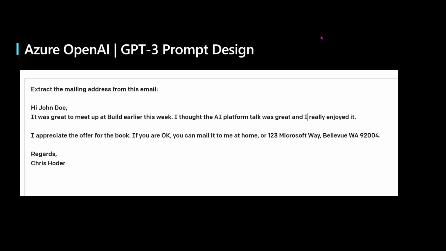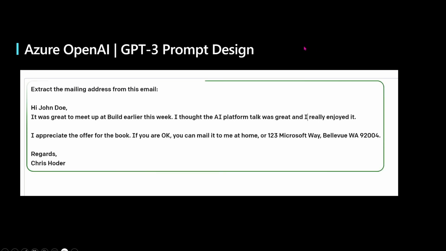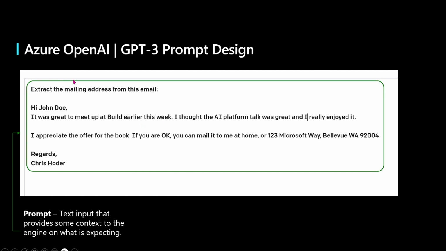So I've mentioned a couple of concepts such as prompts, inputs, and completions. So let's take a look at some of these very quickly. When it comes to prompt design, there are three main components. For example, in this text here, we're asking the API to extract the mailing address from this email. Everything in green is the input for the API.